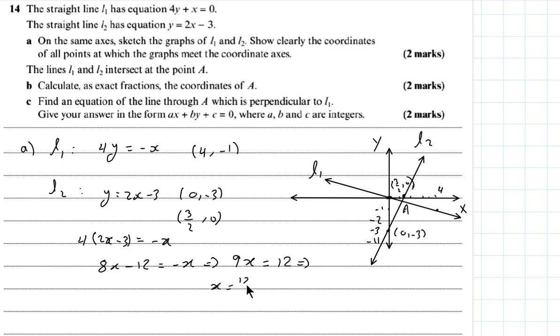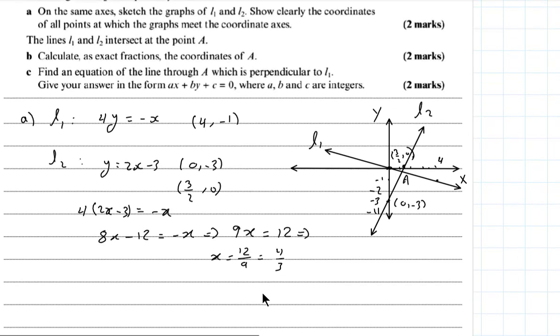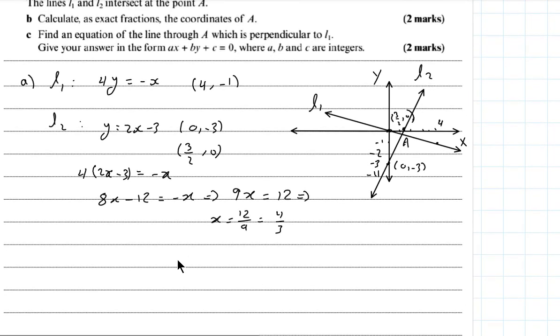In this case, x easily will be 12 over 9, which can be simplified to be 4 over 3. And in this case, we can find the value of y, because 4y equals minus x, which is minus 4 over 3. We can cancel this 4 to find y to be minus 1 over 3. So the coordinates of A should be 4 over 3 and negative 1 over 3.